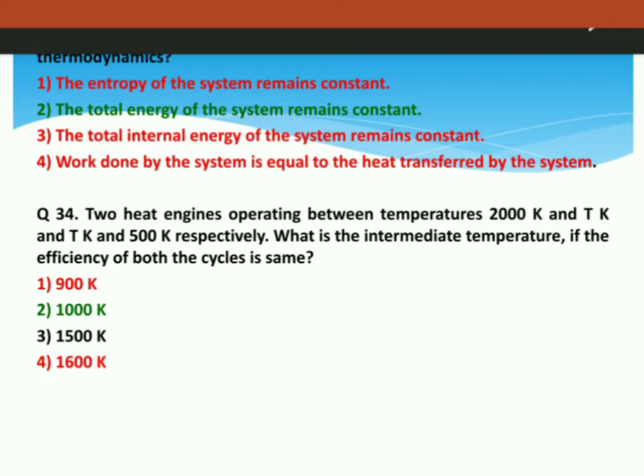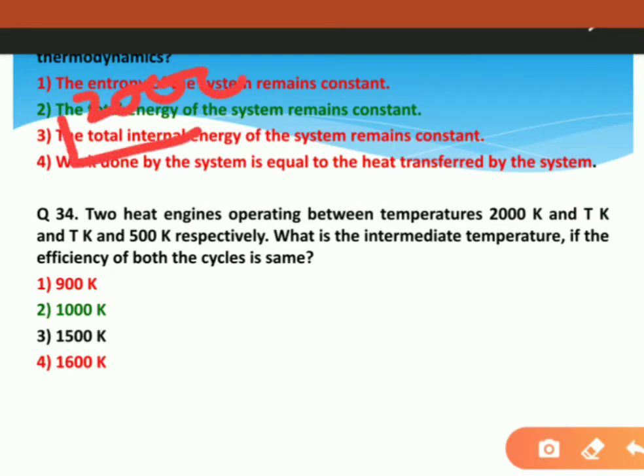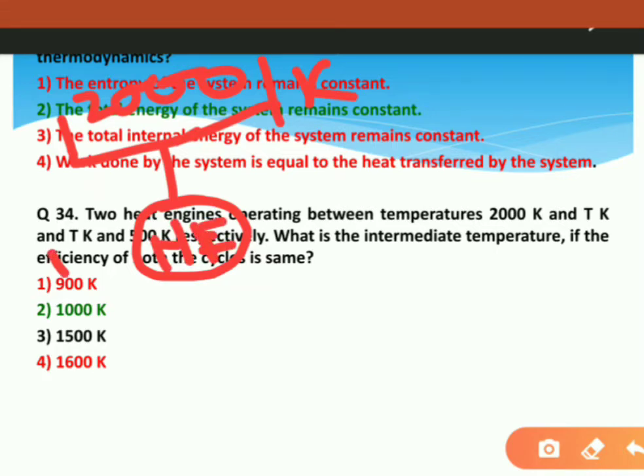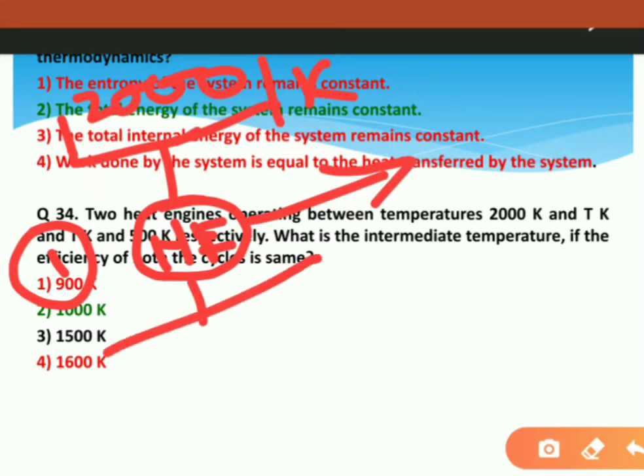Two heat engines operate between temperatures 2000 Kelvin and T Kelvin, and T Kelvin and 500 Kelvin respectively. What is the intermediate temperature if the efficiency of both cycles is the same? Let's see the diagram first. Here the top supply temperature is 2000 Kelvin, attached to heat engine number 1, which will produce some work, and the lower temperature is T Kelvin.